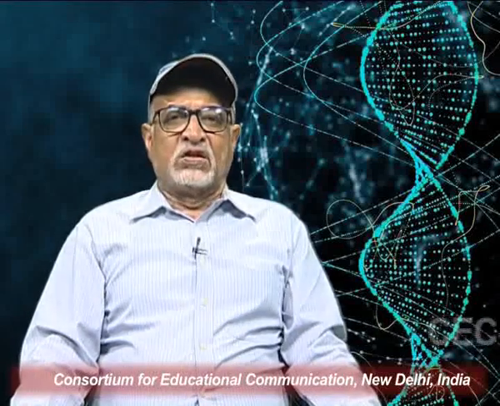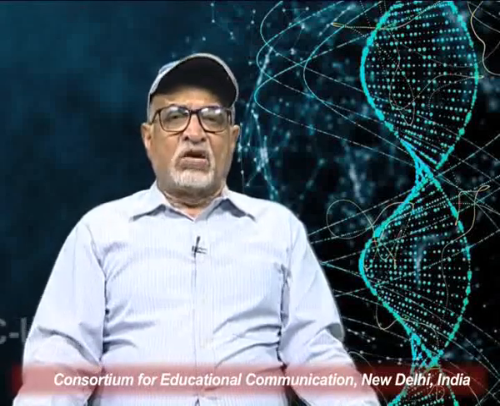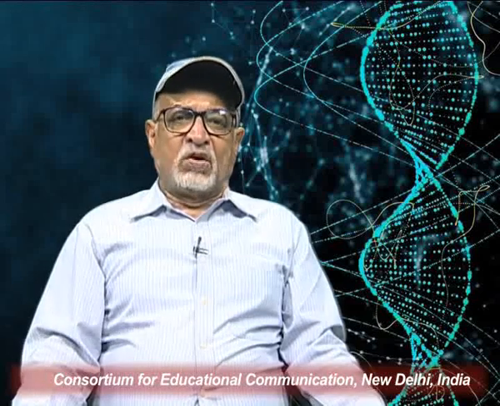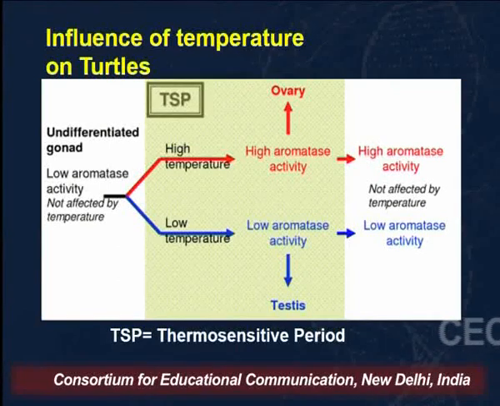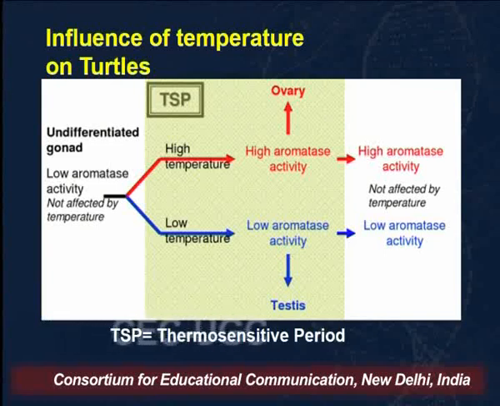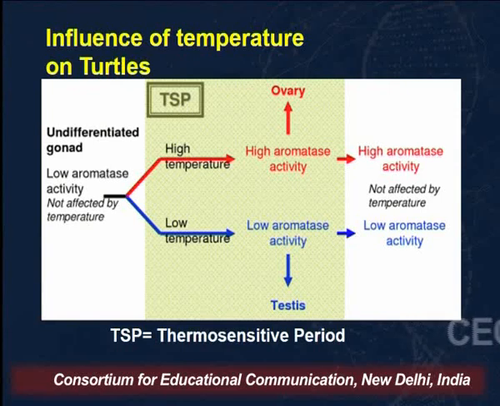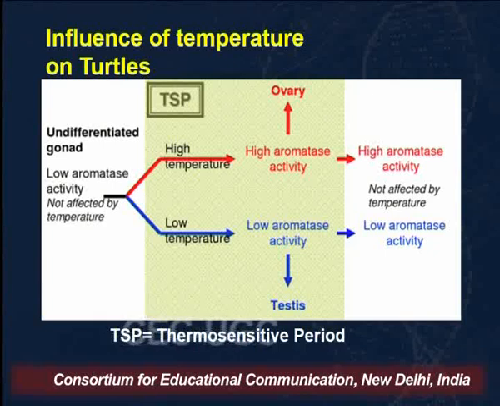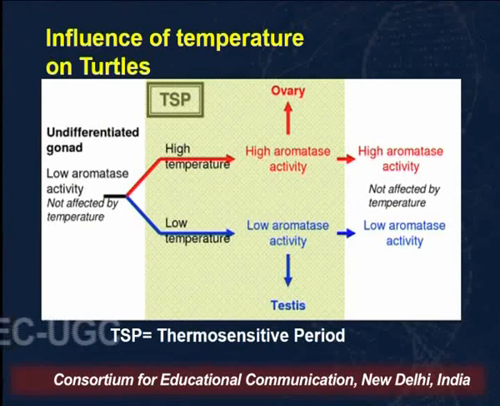It's an irreversible process. Actually, we were talking about the thermosensitive period. On your screens you would find that the TSP, or the thermosensitive period, is so very vital. At this time, if the temperature is high, this would result in very high aromatase activity. Aromatase is an enzyme which is going to activate the female sex hormones, and as a result the ovary is going to be produced.